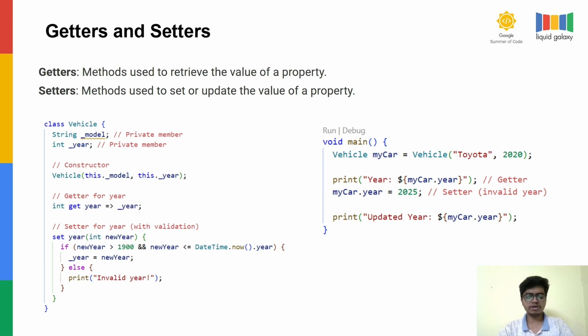We use the same way as we did normally, like myCar.year equal to 2025 and all that. But for achieving this, we have to create a getter and setter in the class. If you are not creating that getter and setter in the class, then you can't access it from outside the file. So getters and setters are basically methods used for controlled access of the private members.